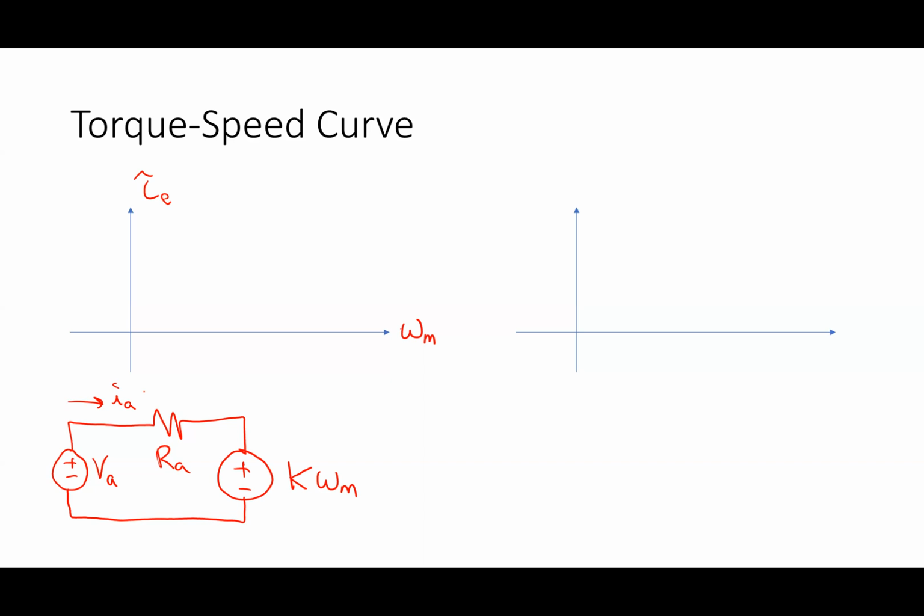And if you got all the way to home problem 4, then you saw me referring to something called the stall torque. What do you think is the speed when the machine is producing its stall torque? Well, the speed is going to be 0.